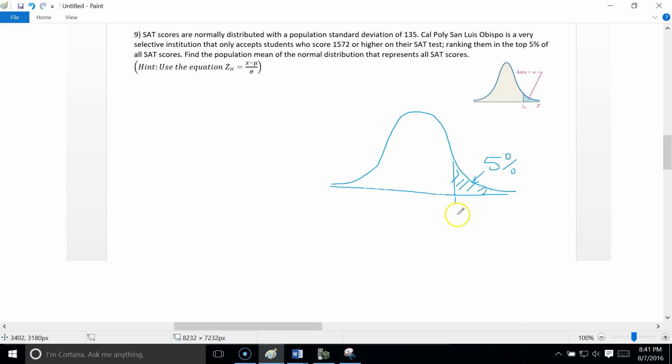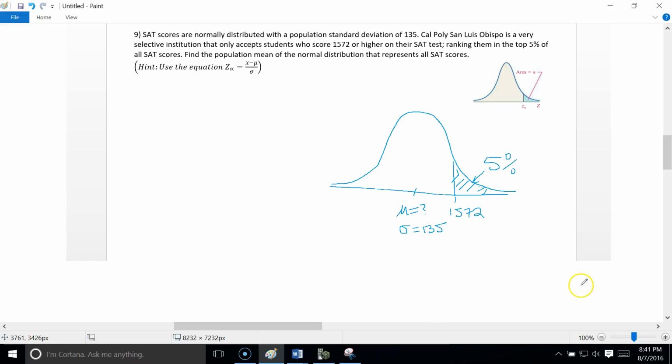And I know that this score right here that separates the top 5% is the score of 1572. Okay, so in this problem we are not given the value of mu. That's what we're trying to find out. Mu is unknown. And we do know sigma.